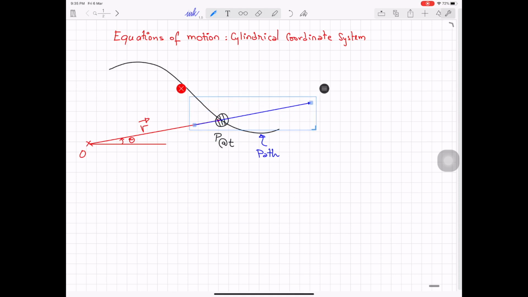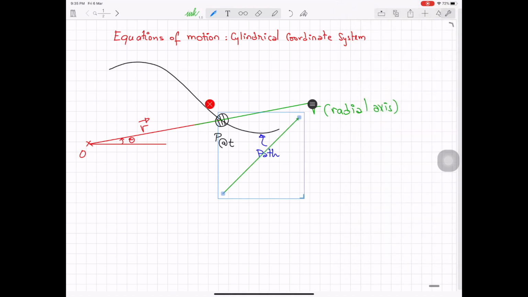So this would be the r axis, or the radial axis. Now perpendicular to this axis is the transverse axis. So it has to be perpendicular. So this is the theta, or the transverse axis.